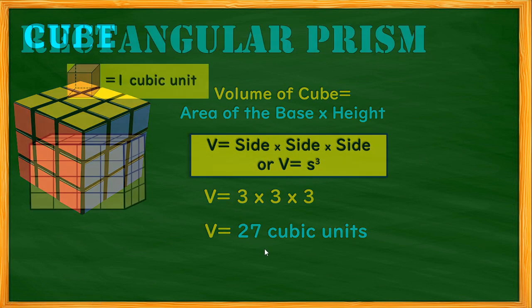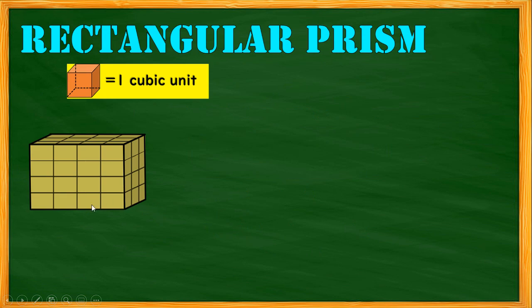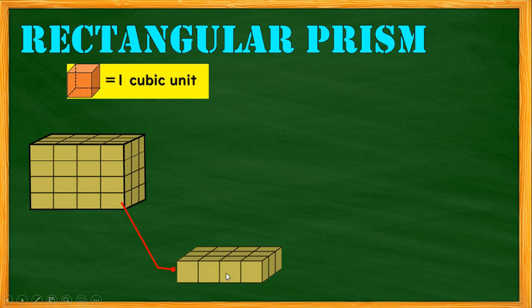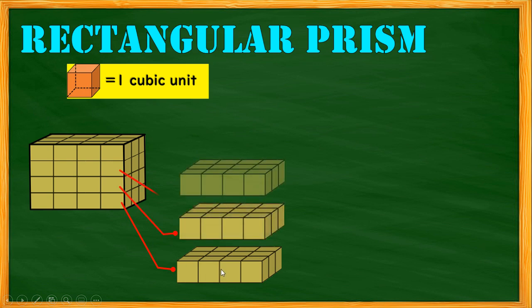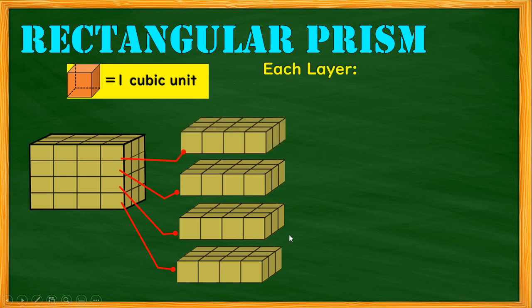Then for the rectangular prism, this would be the figure. One block is equivalent to 1 cubic unit. So this would be the first layer, the second layer, and so on up to the fourth layer. Each layer has 4 times 3, because 4 is the length and the width is 3.